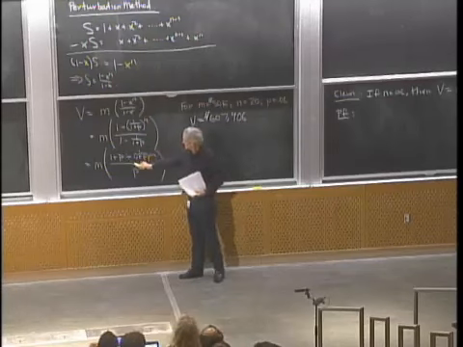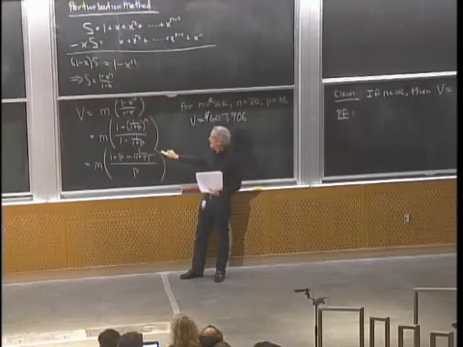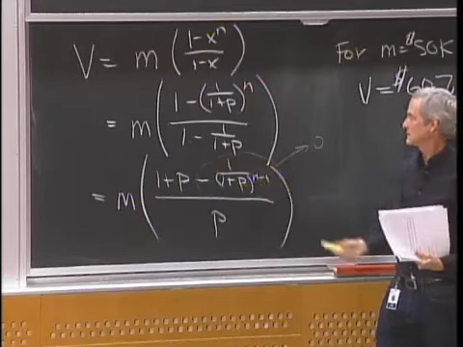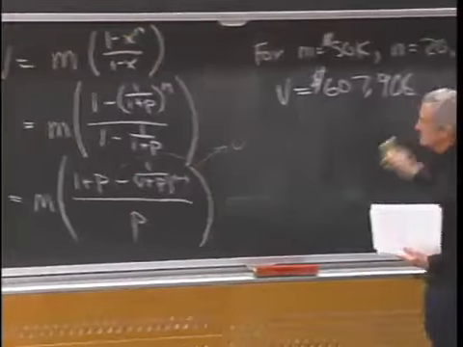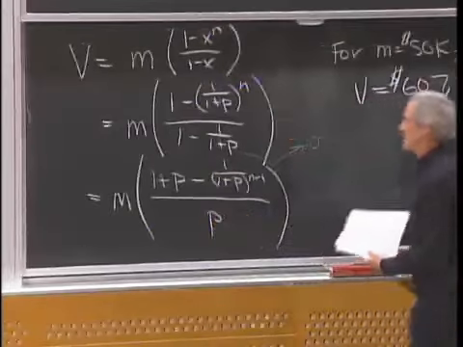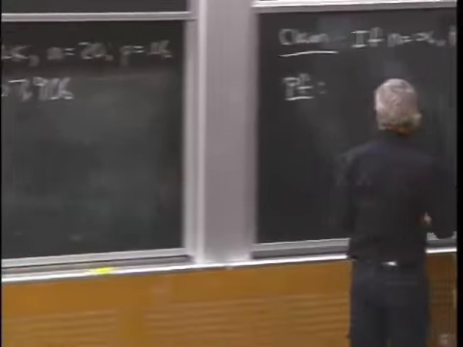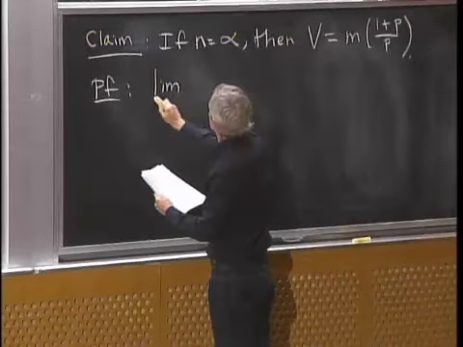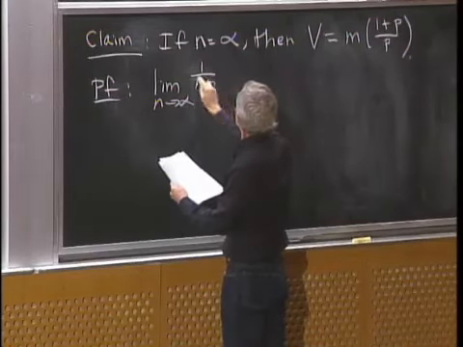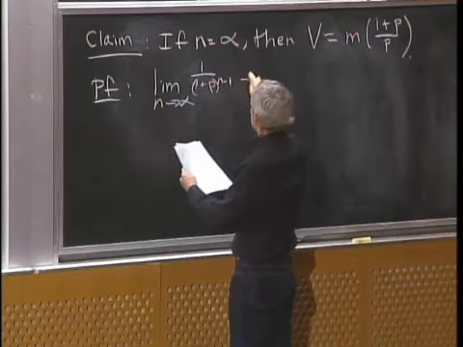What happens to this thing? That goes to 0 as n goes to infinity, as long as p is bigger than 0. So we're going to assume 6% interest. So that goes away, so the annuity is worth just that, m times 1 plus p over p, because the limit as n goes to infinity of 1 over 1 plus p to the n minus 1 is going to 0.